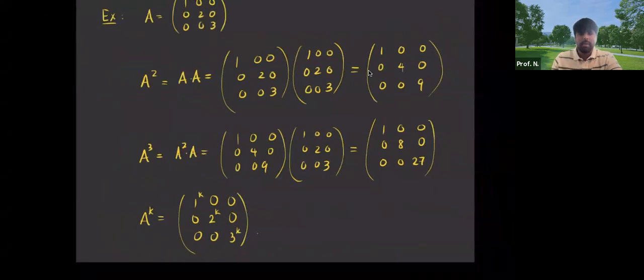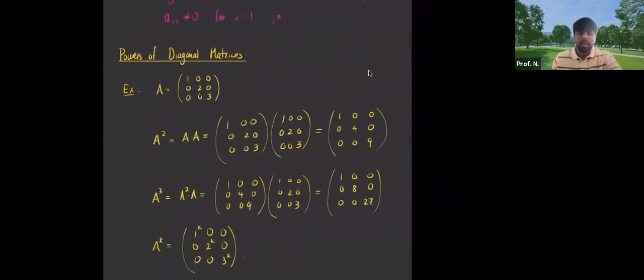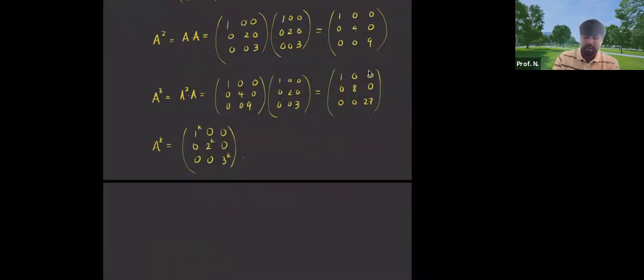So taking the powers of a diagonal matrix is pretty straightforward. You only raise the diagonal entries to that power. Does that make sense? Does everybody see that?